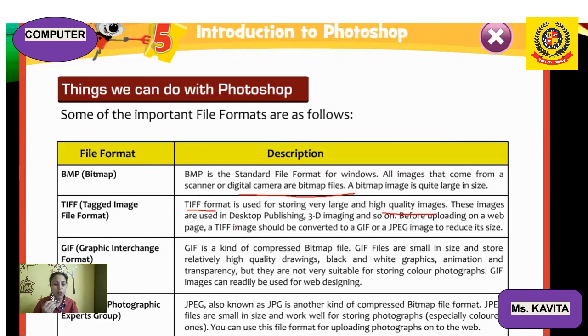Before uploading to any web page, a TIFF image should be converted to GIF, graphic interchange format, because TIFF is a very large and high quality image, so you cannot upload it to a web page. You have to convert that TIFF image to GIF, graphic interchange format, or JPEG, joint photographic experts group, to reduce its size.